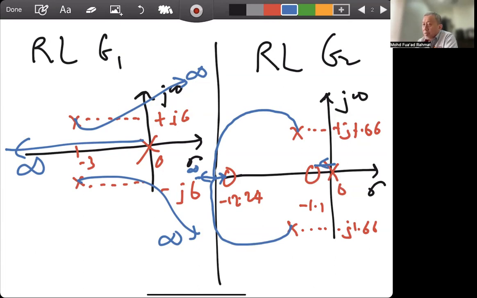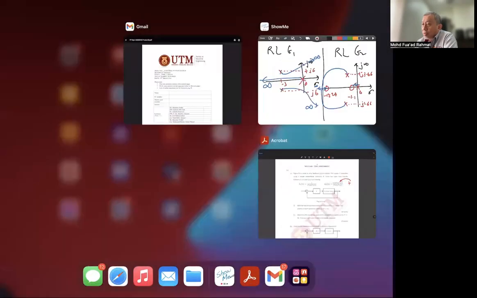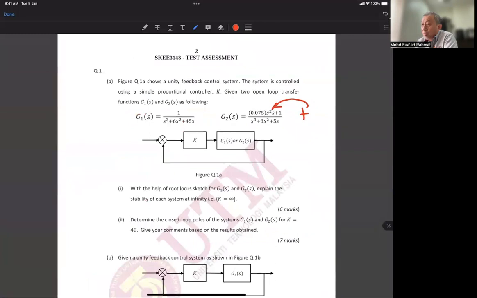The question asks you, with the help of the root locus, determine the closed loop poles for G1 and G2 when K is equal to 40 and give your comment.